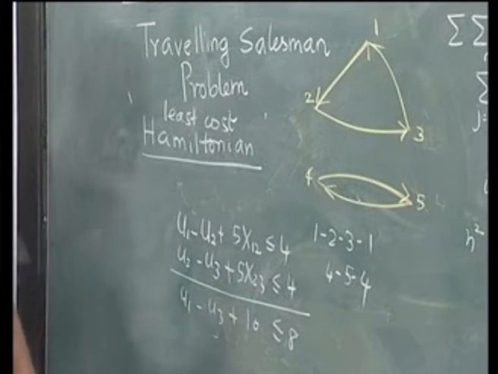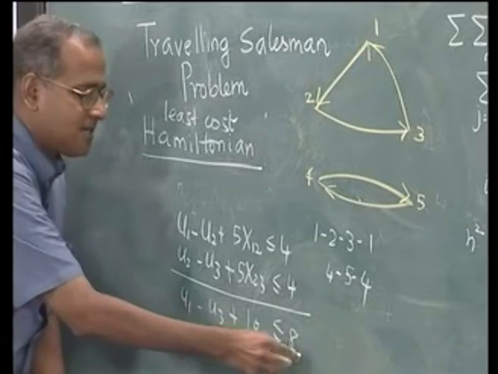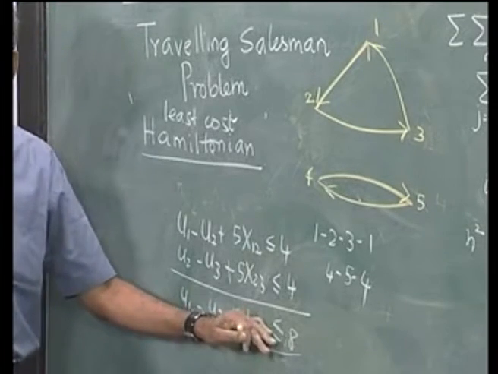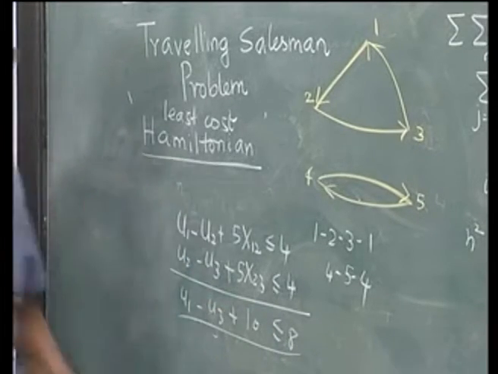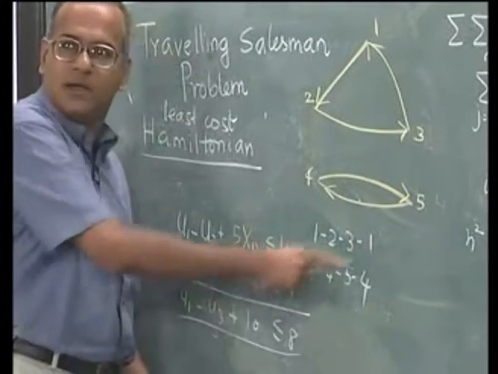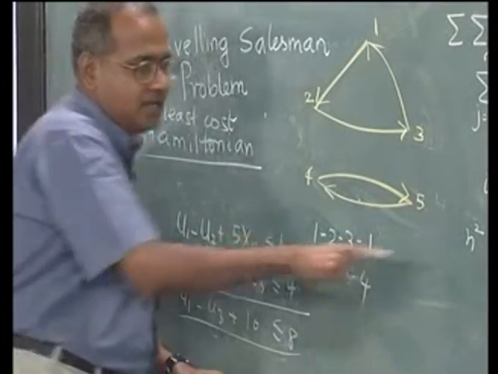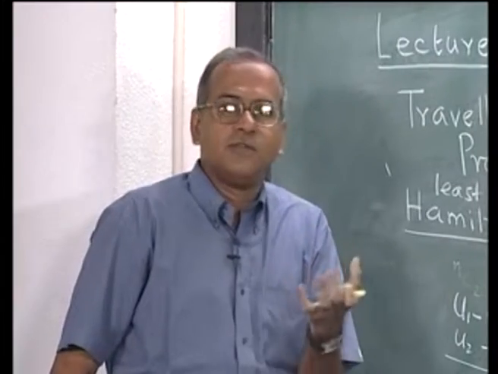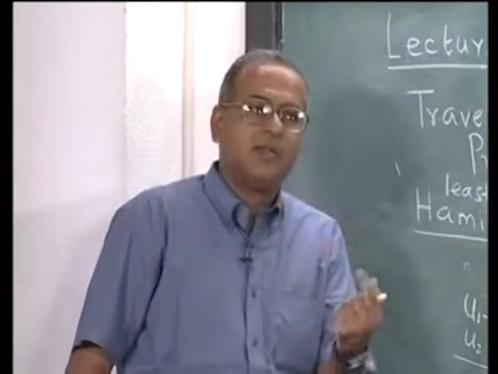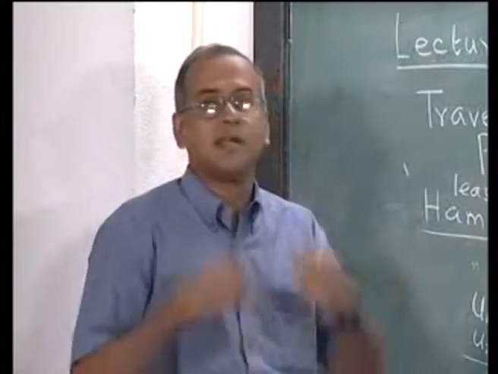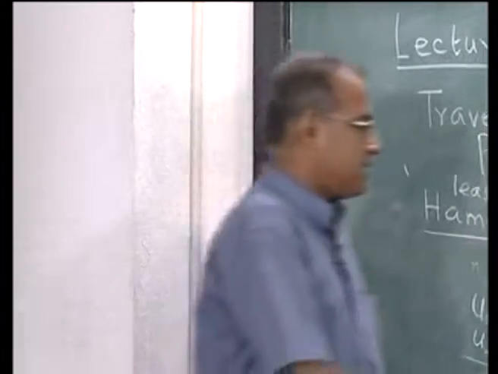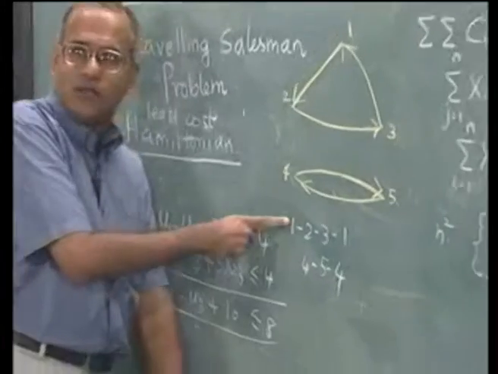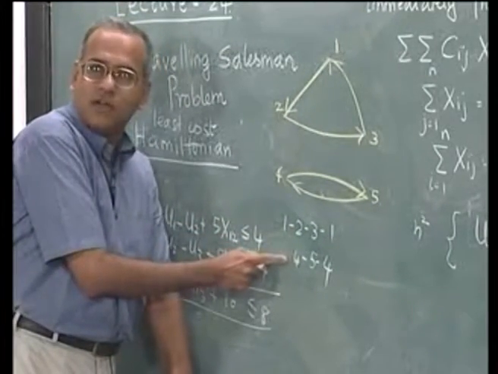It is always possible to define u1 and u3 such that this constraint is satisfied. Therefore, when we consider a subtour involving 1, we are unable to see that this is a subtour elimination constraint, but in fact it is, because for every subtour that involves city 1, there will be a subtour that does not involve city 1.